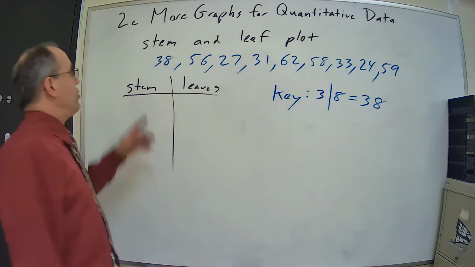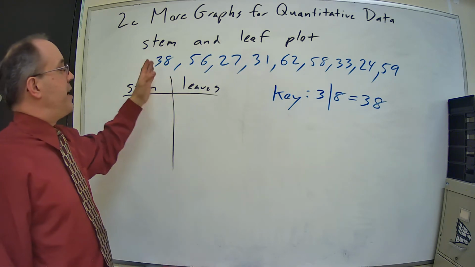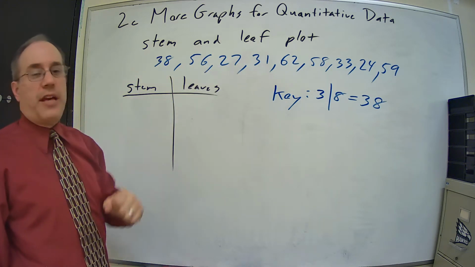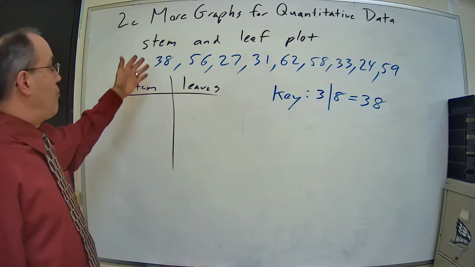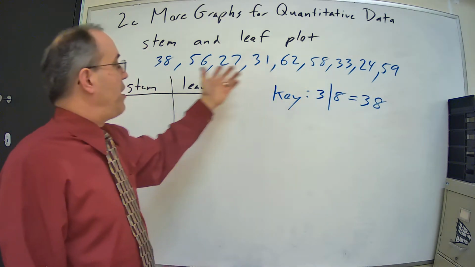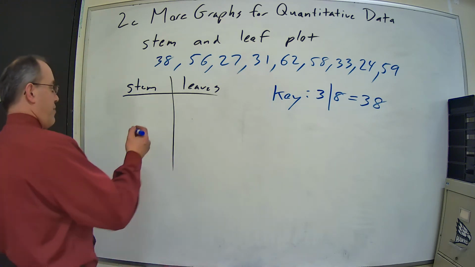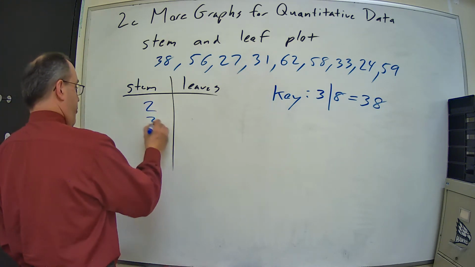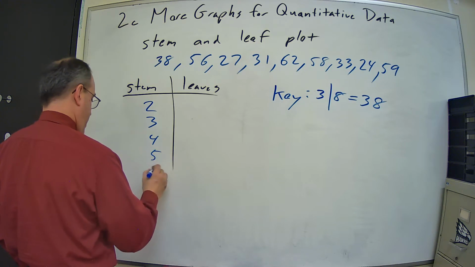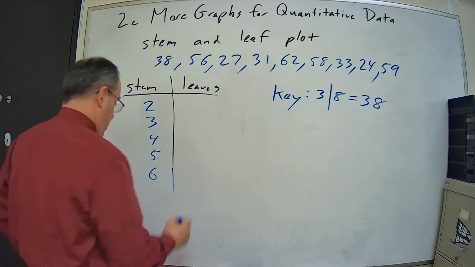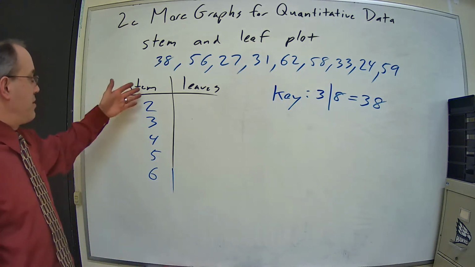So now I can look at this data and I realize that I can break this into stems and leaves. Now, the smallest data values are in the 20s, the highest are in the 60s. So I'm going to have stems 2, 3, 4, 5, 6. I'm basically breaking them up into groupings of 10s, right?